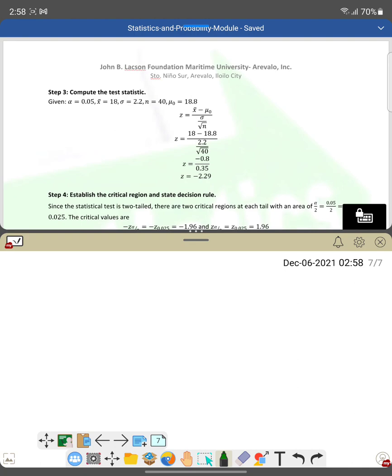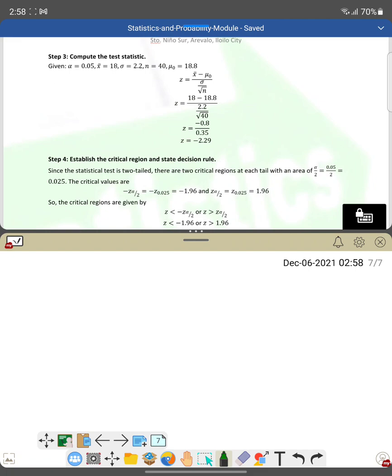So we have the substitution: 18 minus 18.8 over 2.2 over the square root of 40. So z is equal to negative 2.29.